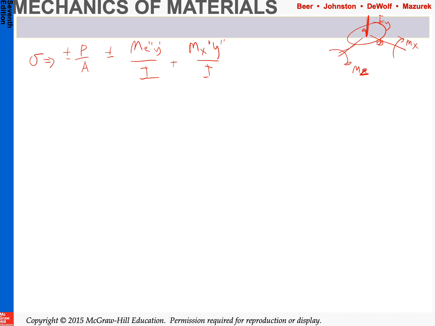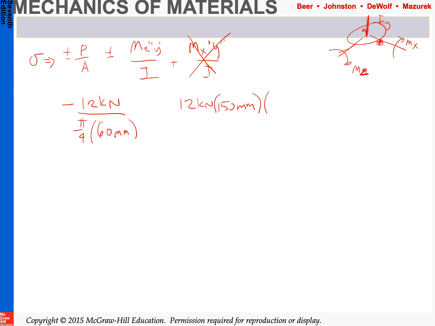So we know for the axial part, we have 12 kilonewtons in compression, so there's the minus. We have cross section of our circle, and then we have two parts. So one of those goes away. One of them goes away as our point is here. This is on the neutral axis, so this disappears. We have our moment about Z, 12 kilonewtons times the distance 150. So this part is the moment.